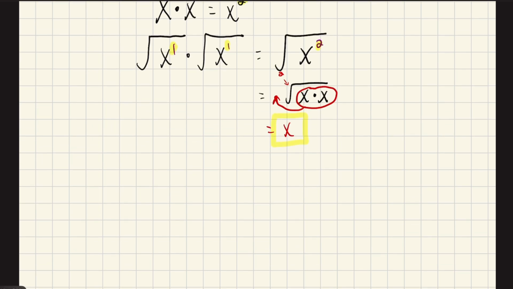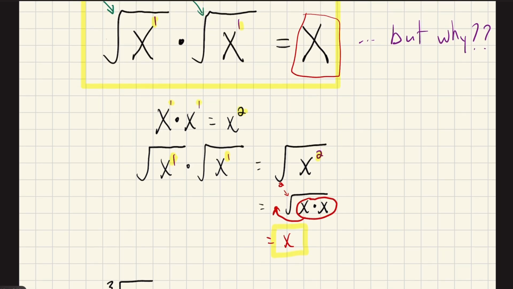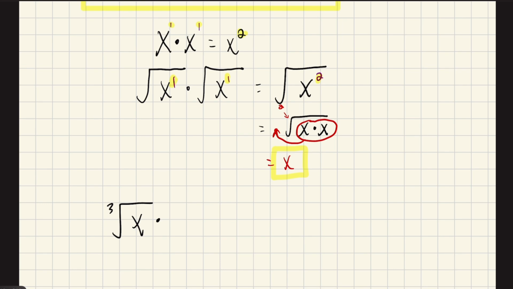So let's say I go cubic root x. And my goal is to get it into a position just like this over here, where when I simplify the root, it's going to be everything out of the root. So there will be no more radical left. So x. If I go cube root x times cube root x, let me just rewrite that here.